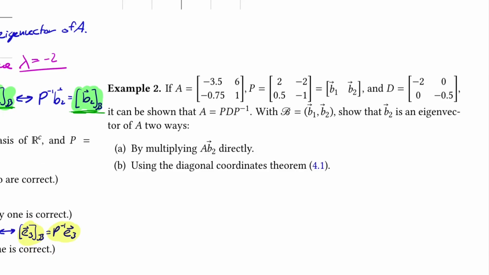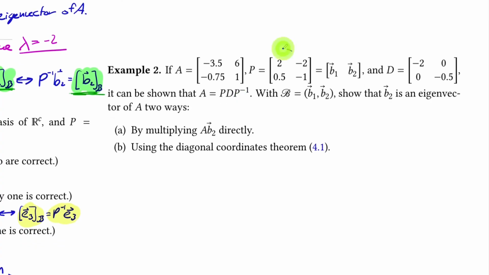And we have that A can be diagonalized using P and D here, where P is this matrix that has columns b1 and b2 that we can see are linearly independent from each other, which means that the two columns form a basis and P is invertible. So it makes sense to say P times D times P inverse. And D has this -2 and this -0.5 here.